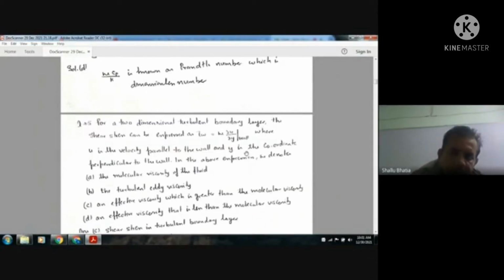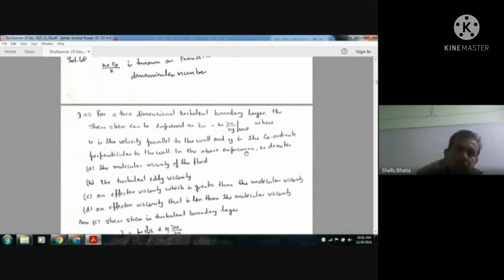Okay, next, for a two-dimensional turbulent boundary layer, the shear stress can be expressed as tau W equal to mu times partial U by partial Y at the wall, where U is the velocity parallel to the wall and Y is the coordinate perpendicular to the wall.